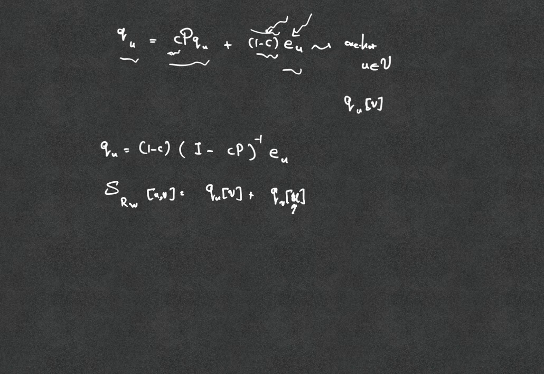This is U, this is V, this is V, this is U. And what this says is that the similarity between two nodes U and V is measured by how likely we are to reach one of these nodes by a random walk procedure that starts from the other.